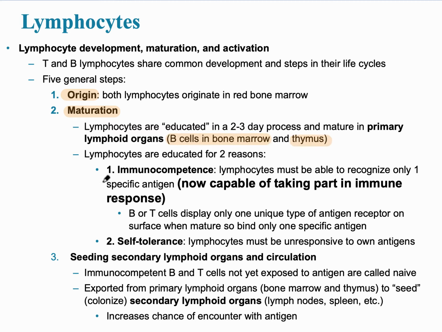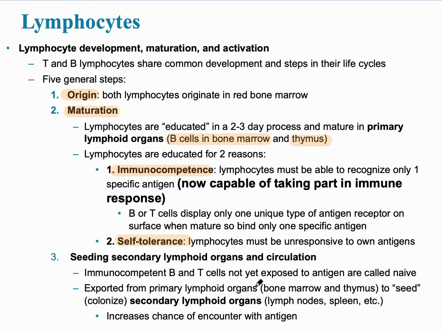During the maturation process, these 2 things occur. Immunocompetence, they develop their ability to recognize and differentiate self from non-self. Otherwise, if they can't, then they are killed. And also self-tolerance. The third step is seeding.